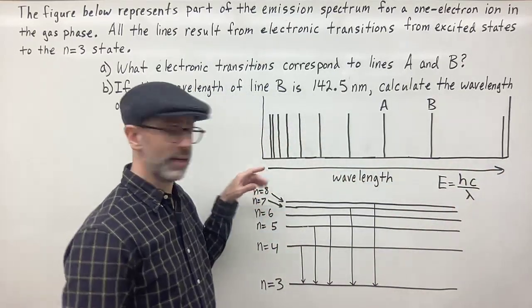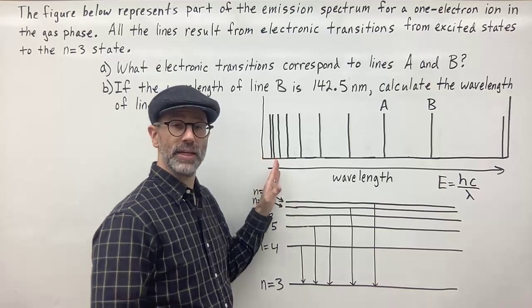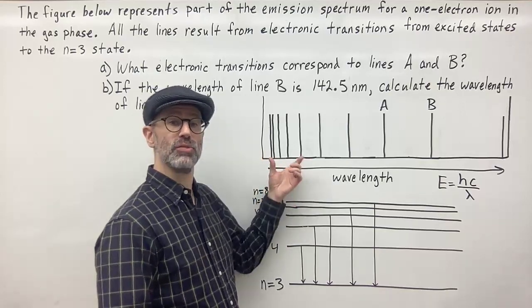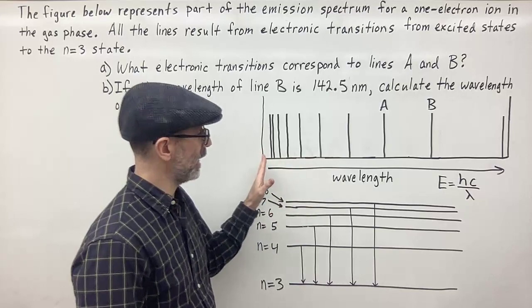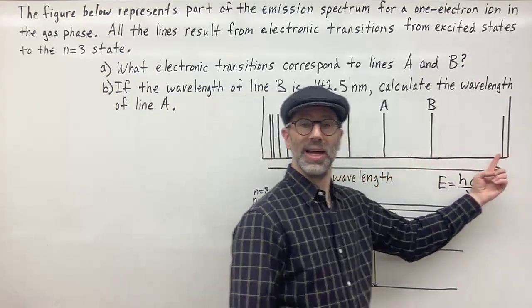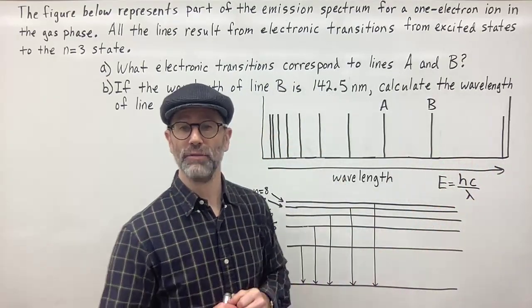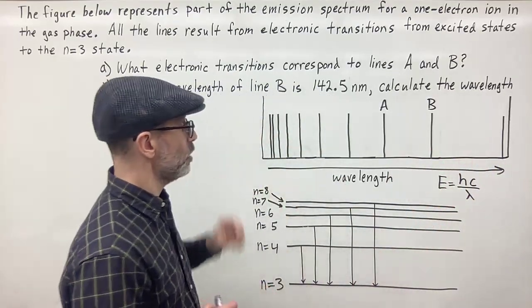The bands on this side correspond to wavelengths that are smaller, and as you go this way, the lines correspond to light waves that have longer wavelengths.